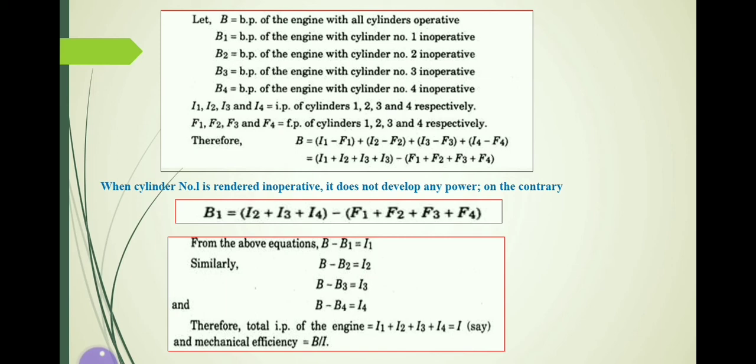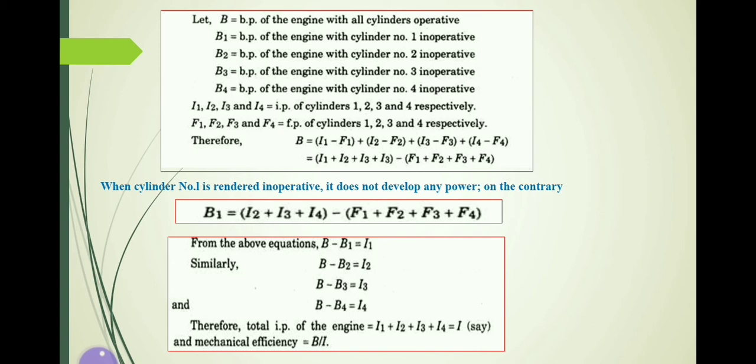Now in the same manner, we subtract B1 from the total brake power. B minus B1 gives us I1, because all other terms get cancelled and only I1 remains. That means B minus B1 equals the indicated power inside cylinder number 1.